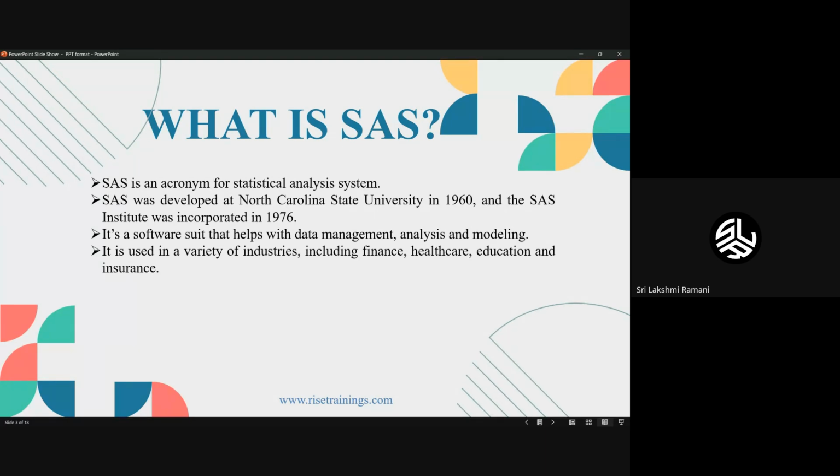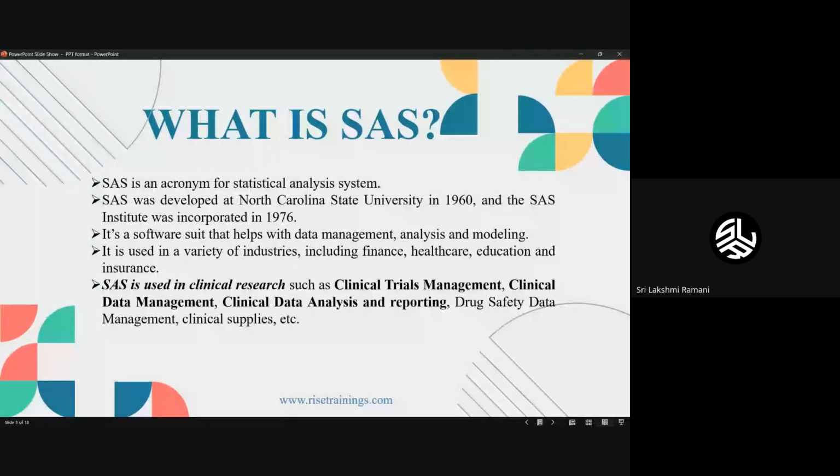It can be used in various industries, not only in the pharma industry, but also in finance, healthcare, education, and insurance. Apart from this, today we are discussing only clinical SAS, so I'll discuss where we use SAS in the clinical field.